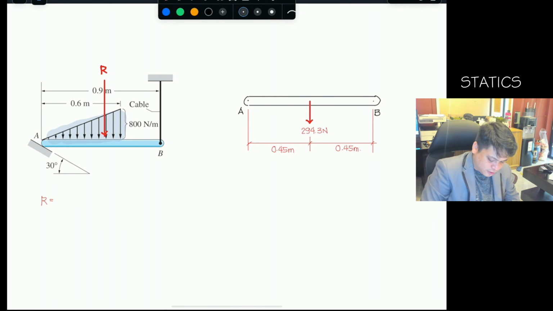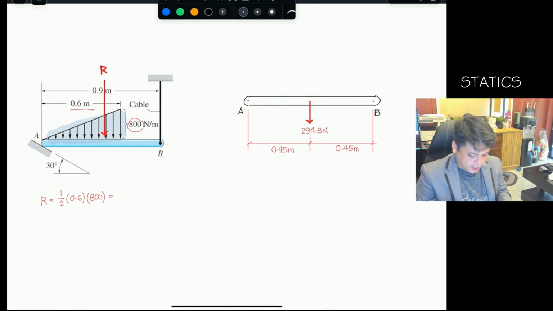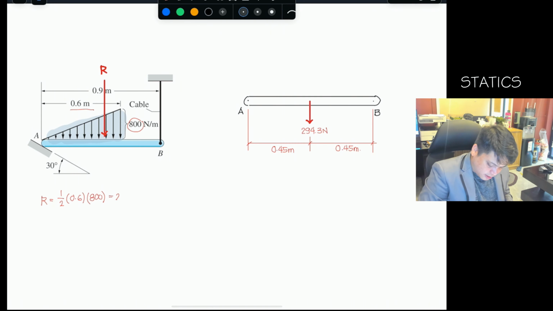So, R is equals to 1/2 of yung base niya, which is 0.6 meters, and then its magnitude, which is 800 Newton per meter. So 1/2 base times height. So you can have that 1/2 times 0.6 times 800, or you can have here 240 Newton.